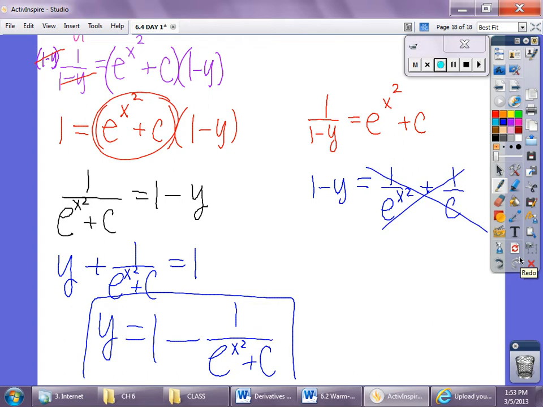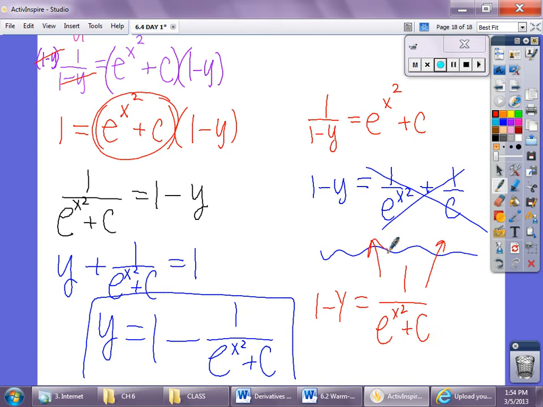And yes, there were many other ways you could have solved for y on the left side of this screen. I just chose to show you that method, but you could have done a full reciprocal of both sides, which would be this right here, 1 minus y, and then 1 over e to the x squared plus c, whole thing being reciprocal, not like above where you did term by term.